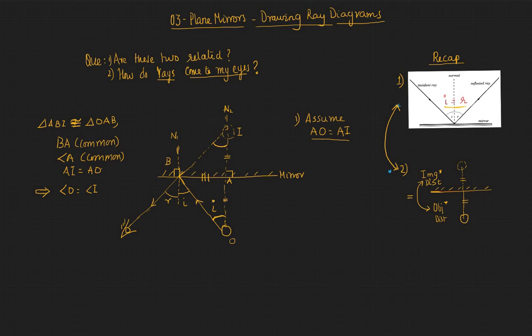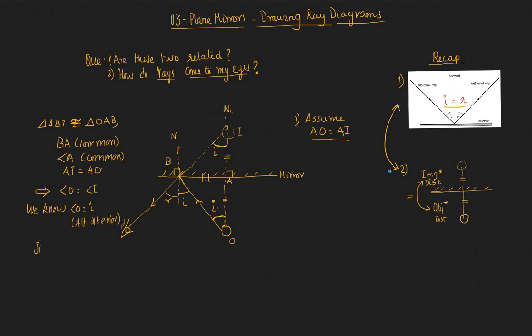So I can say that this I is equal to this I, and we know angle O equal to I, so they are alternate interior. So because of that, this is also I, and we know that these two normals are parallel, and hence this angle and this angle are equal.